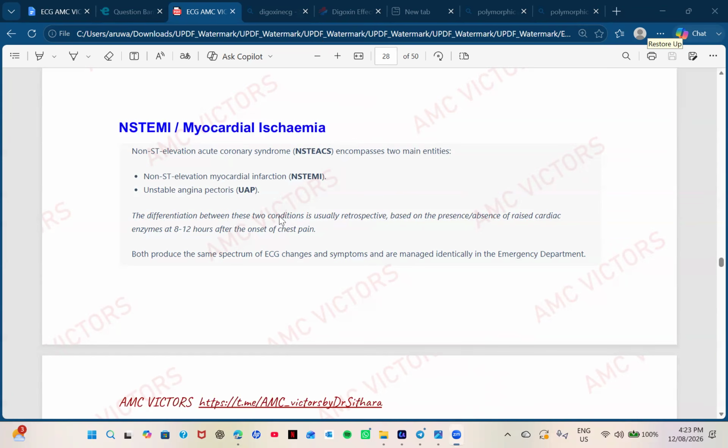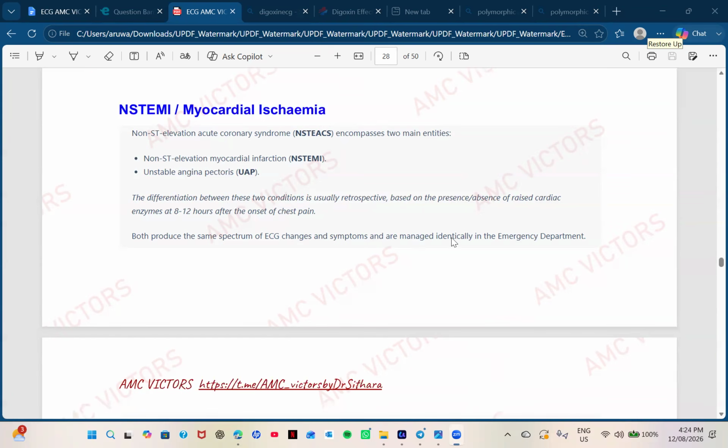The difference between these two conditions is usually retrospective, based on the presence or absence of the cardiac enzyme, mainly troponin, at 8 to 12 hours after the onset of chest pain. So there is usually no troponin elevation in unstable angina. That's the only thing we can use to differentiate.